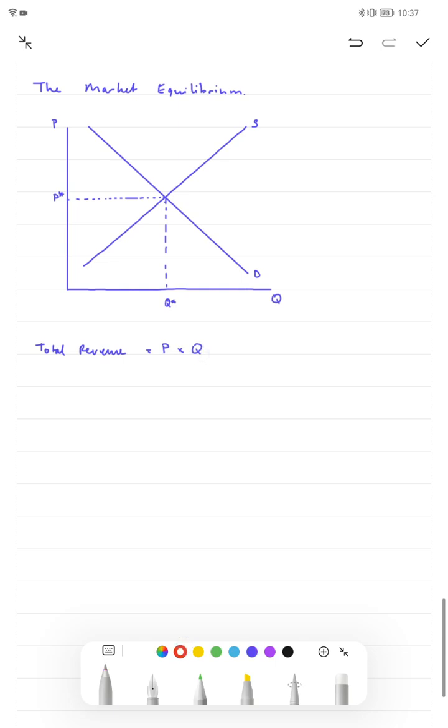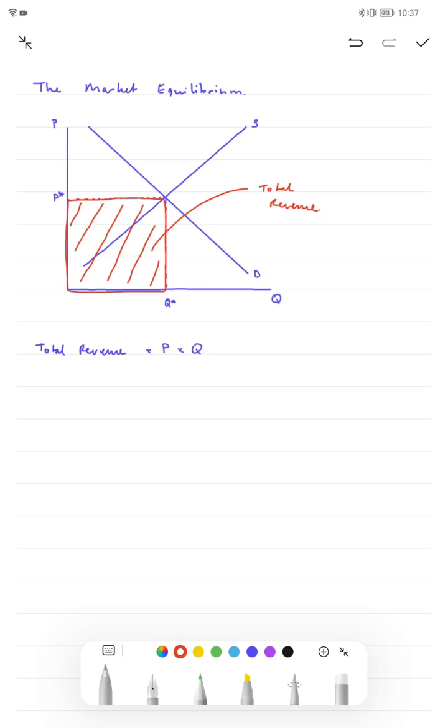So if we were to do that, this red box here would become the total revenue. So this box here is the total revenue.